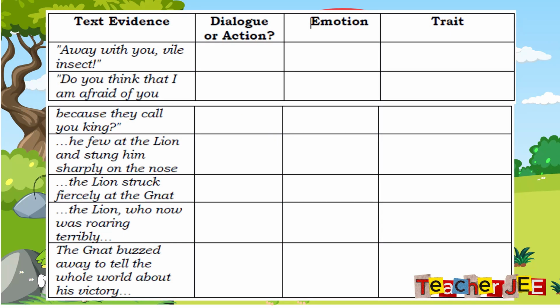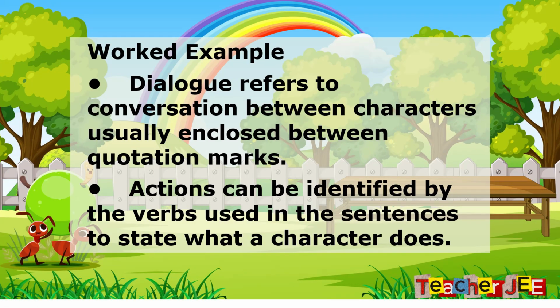So this is the table for the text evidence, dialogue or action, emotion, and trait. You can refer to this table later on. You can also start answering or figuring out this table, but you can do it later. Work example. Dialogue refers to the conversation between characters and is usually enclosed between quotation marks.